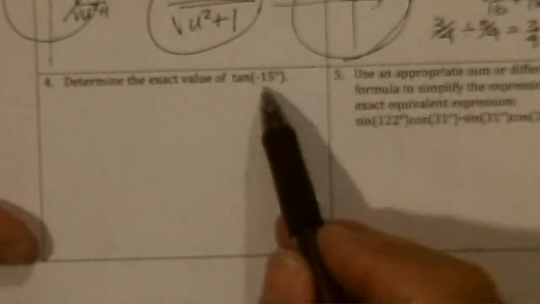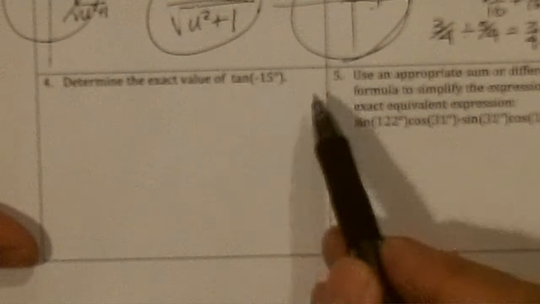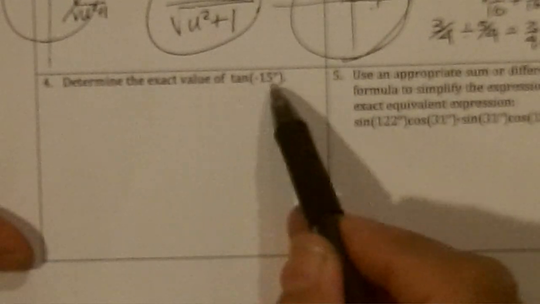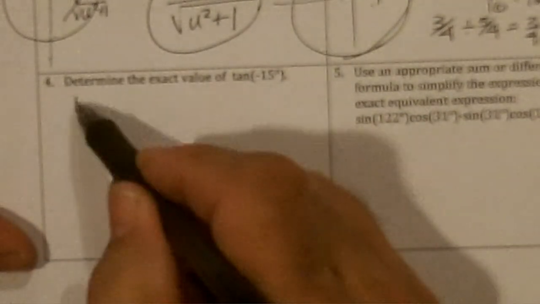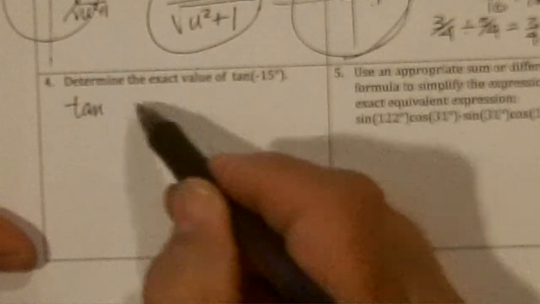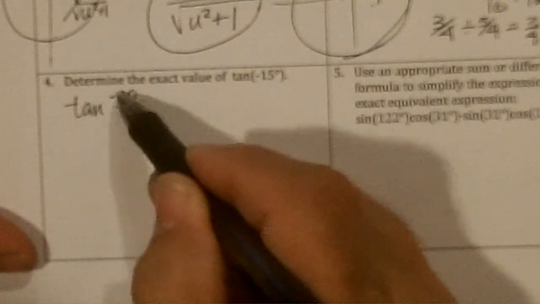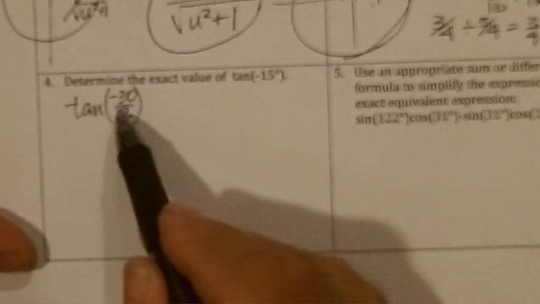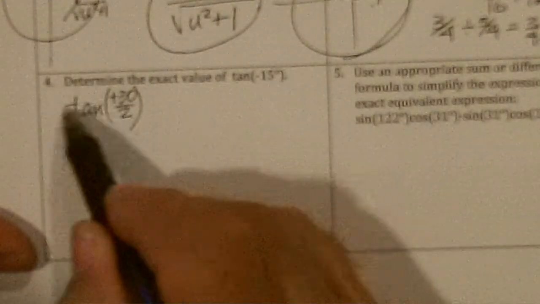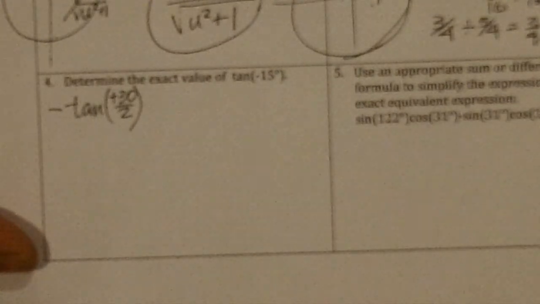Determine the exact value of the tangent of 15. So there are several ways to do that from what we have learned. The half angle formula would basically double the angle, so we could change this to the tangent of negative 30 divided by 2. By the way, the tangent is odd, so you can move the minus outside.